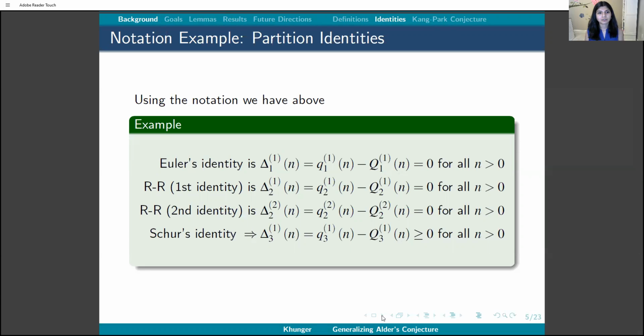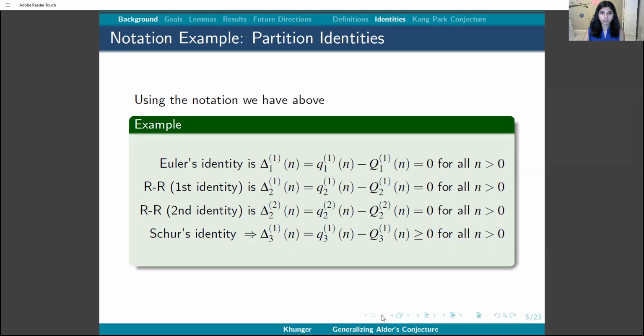Next, we have the Rogers-Ramanujan first identity, which says that delta sub 2 of n is equal to 0. Third, we have the Rogers-Ramanujan second identity, which says that delta sub 2 of n is equal to 0. And then finally, we have Schur's identity, which says that delta sub 3 of n is always non-negative. And you'll notice that 3 of these have a superscript of 1.